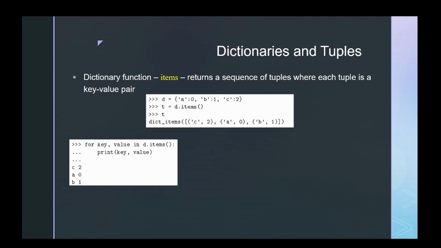Now remember, my order in this is going to be wonky. It's not going to be very reliable, but it doesn't matter. I can then loop through it by saying for key and value in that tuple, print it out. That is going to create an items object, and therefore we can go through each of the values within that items object.